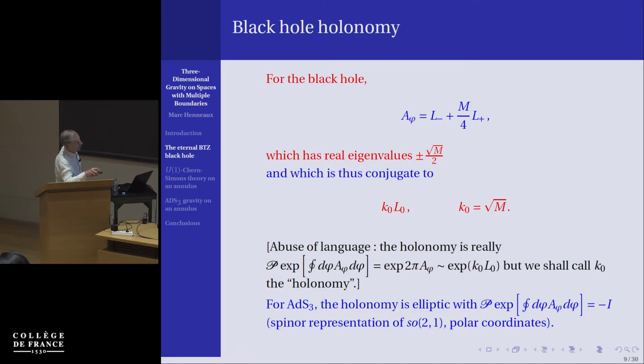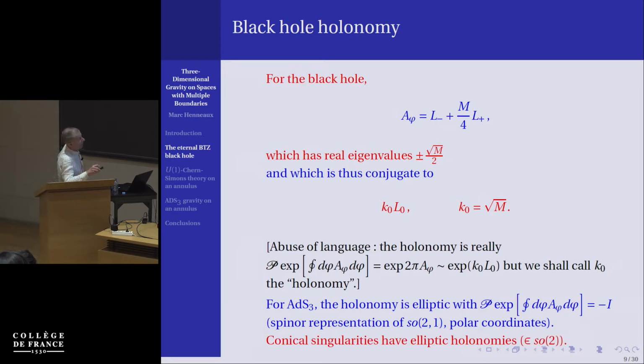But the fact that you find -1 is because we are working with SL2R, the SL2R representation of SO(2,1), and in polar coordinates, as you go around the circle, the polar frame will make a 2 pi rotation with respect to the Cartesian frames in which things are continuous, and you pick up a minus sign as you do that. So this is not a surprise, that was expected. There is nothing wrong with that. It doesn't mean that it's not contractible, it's just that the polar coordinate system is singular at the origin.